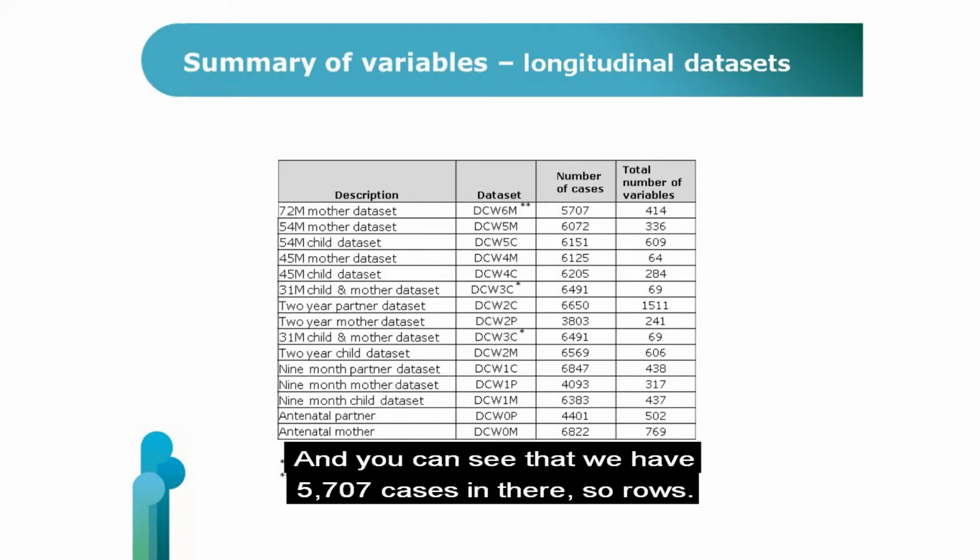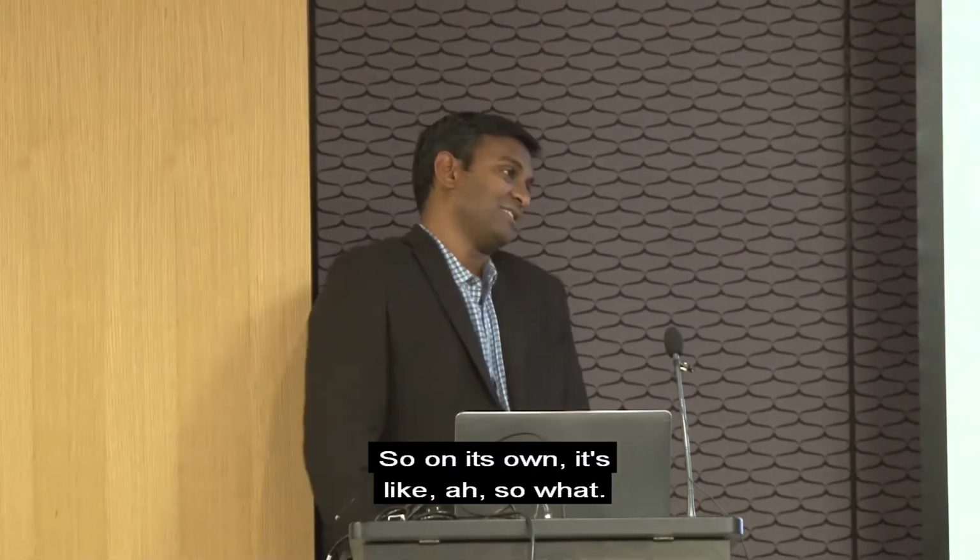And you can see that we have 5,707 cases in there, so rows, and we have 414 variables, so columns, at least in there.